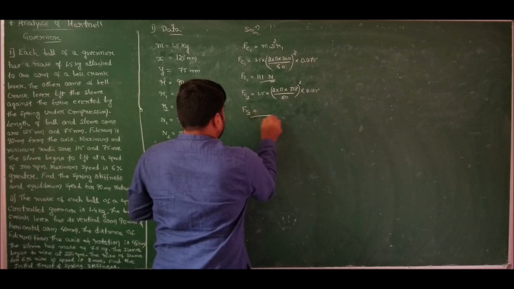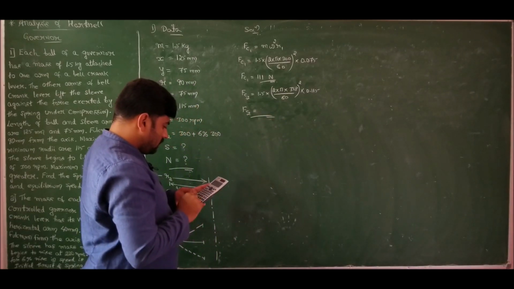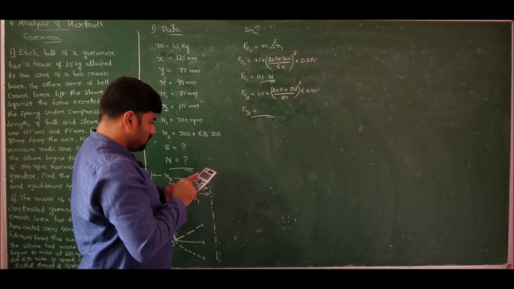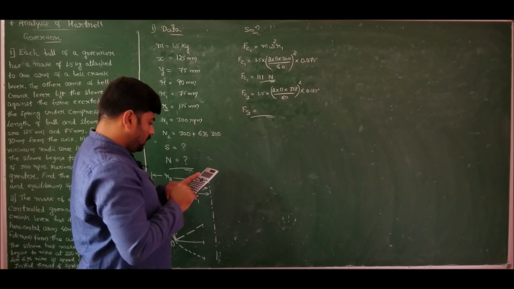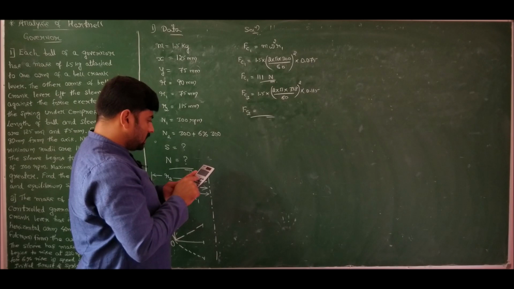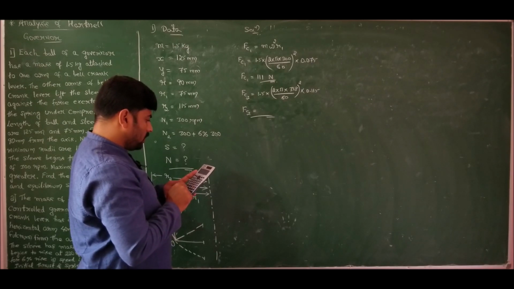Hence FC2 for this problem will become 1.5 into 2 pi N by 60 whole square, with 2 pi N being 318 divided by 60, into radius 0.115.